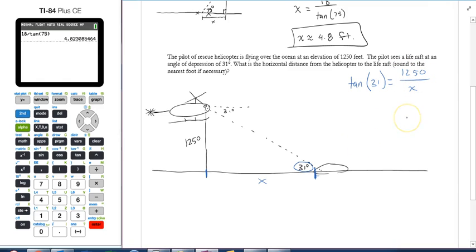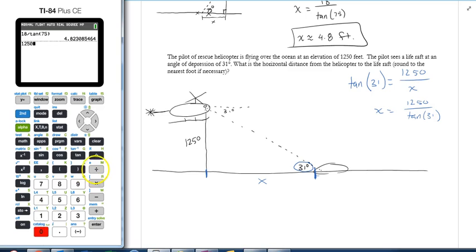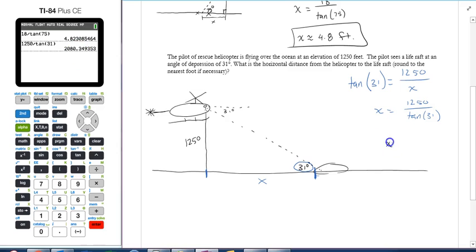Once again, I will divide. My x is going to be 1,250 divided by the tangent of my 31-degree angle. And that becomes 1,250 divided by the tangent of 31, 2,080.3 feet.